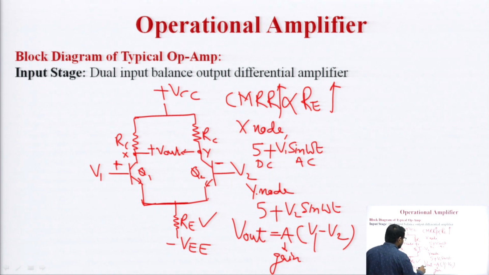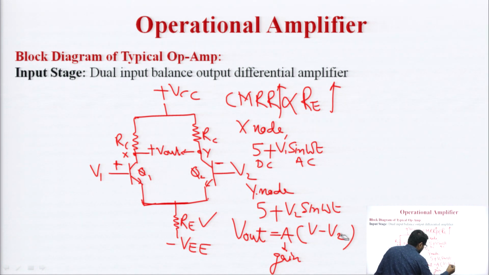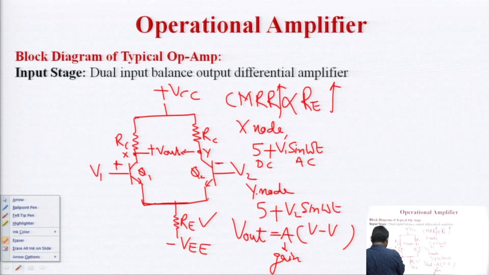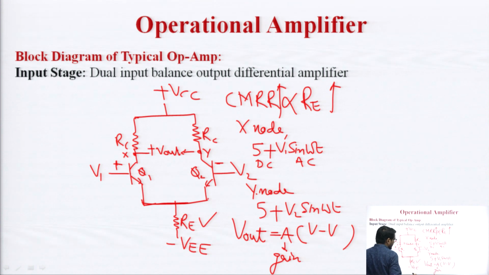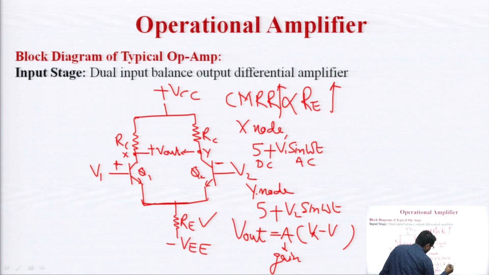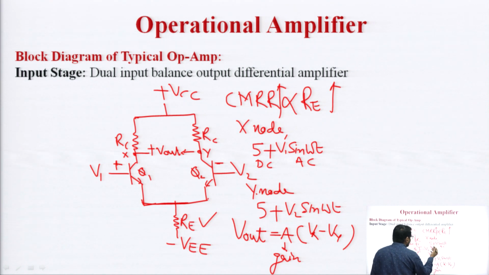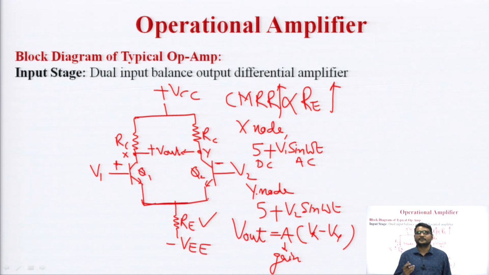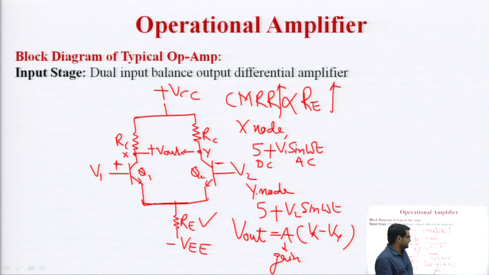Then if we write the node voltage Vx minus Vy, we get V1 sin omega t minus V2 sin omega t. That means the differential amplifier has the ability to cancel the DC biasing voltage at the output side. So, this is the basic typical differential amplifier.